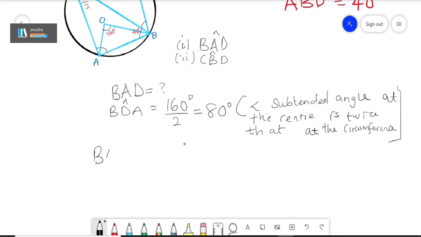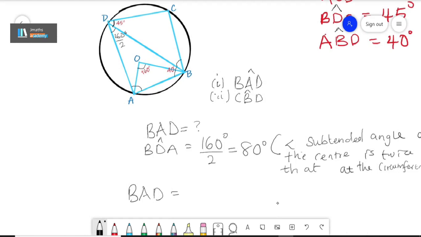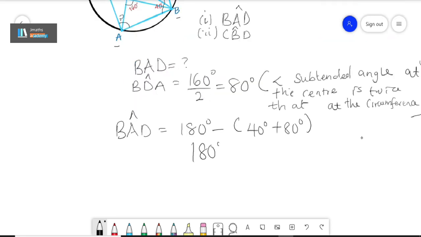So for angle BAD, this is angle BAD, and this is a triangle. In a triangle, the sum of angles is equal to 180 degrees. We have 40 degrees for angle B, 80 degrees for angle D, and angle A is unknown. So for BAD, we have 180 degrees minus (40 degrees plus 80 degrees), so 180 degrees minus 120 degrees.